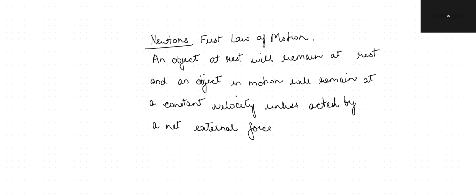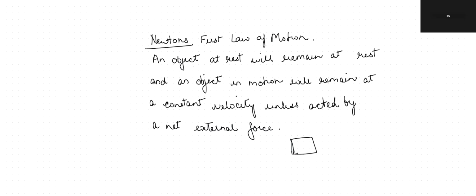So an object at rest will remain at rest unless acted upon by a net external force. If an object is at rest, there may still be forces acting on it.